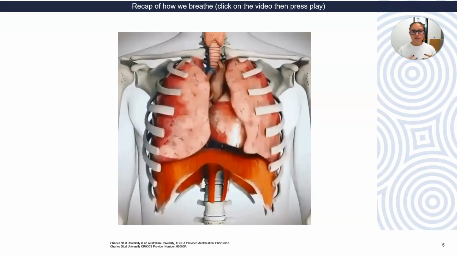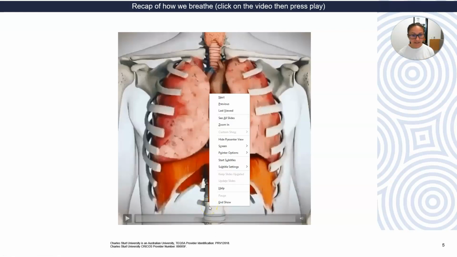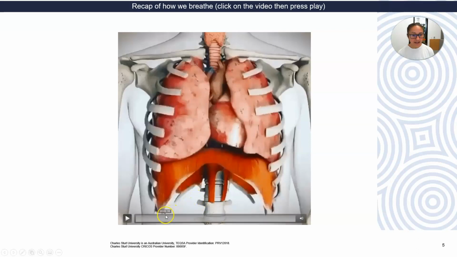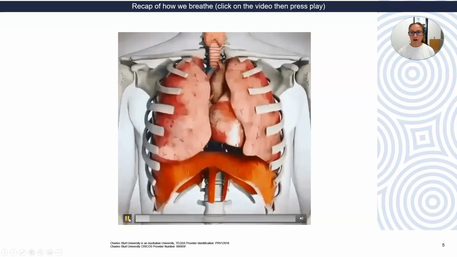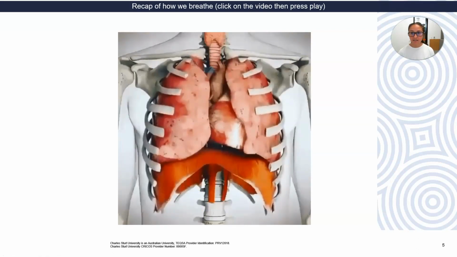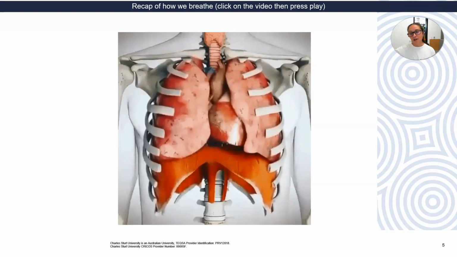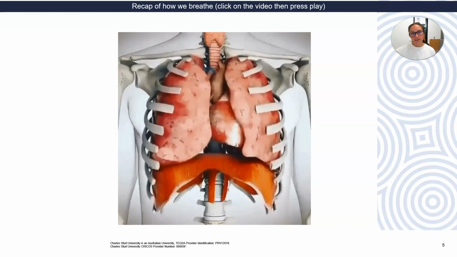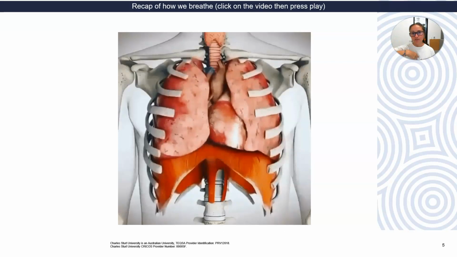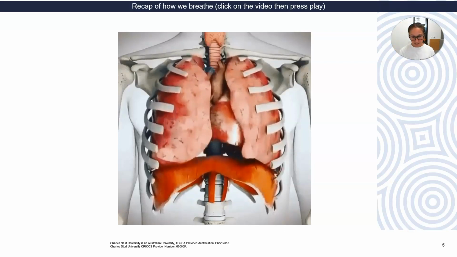When you stop contracting your diaphragm, everything just recoils back to where it was, which means that in that instance, you have higher pressure in your lungs, you have low pressure outside, so then air's going to move out again.